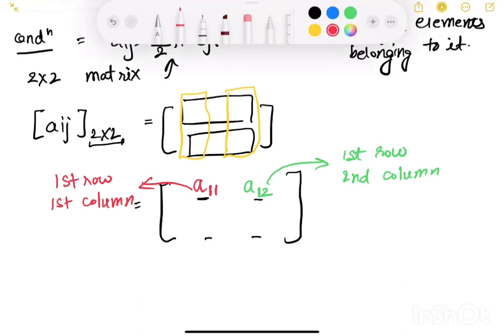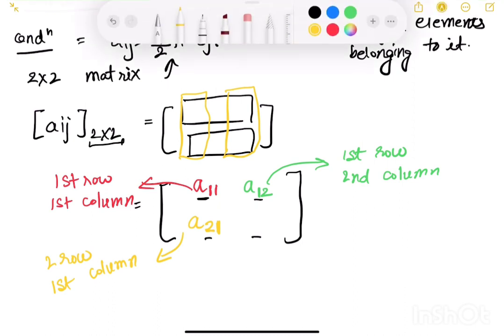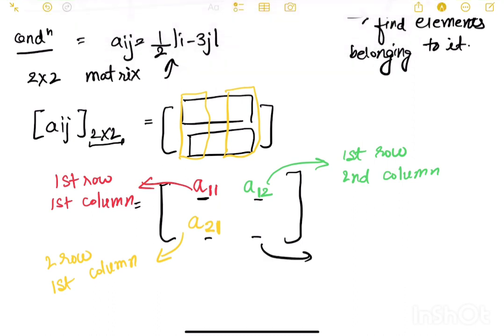Similarly, this is my element belonging to the second row and first column. So my element will be A21. And finally, this element is my second row and second column.